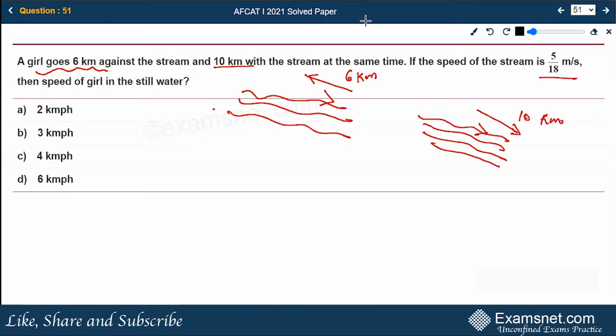Now it is saying that the girl is going 6 kilometers against and 10 kilometers with the stream at the same time. So first of all, let's talk about what we have. You have to find the speed of the girl in still water. First of all, let the speed of the girl in still water be x kilometers per hour.